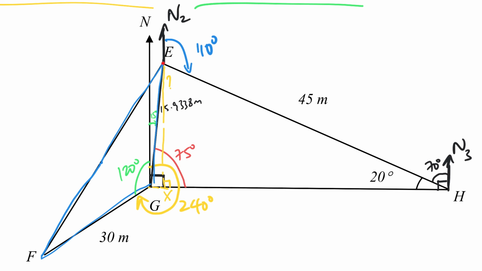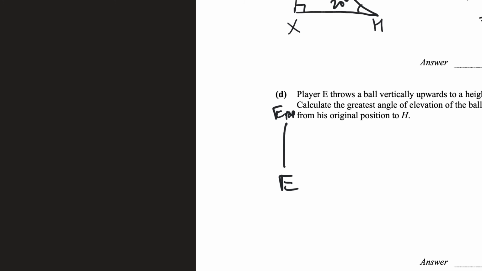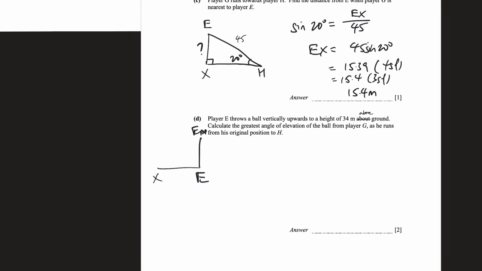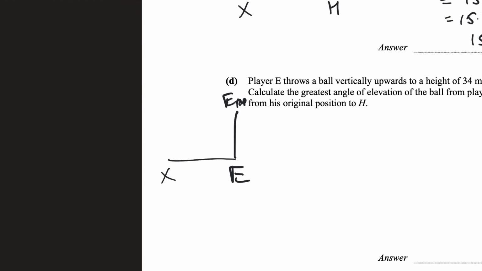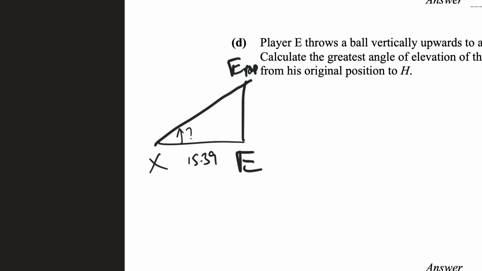Then we have this line which goes down to X. I'm going to construct it this way, from E top down to X. And EX is what I calculated here, 15.39. Then this closes up the triangle, and I'm trying to find the angle of elevation.